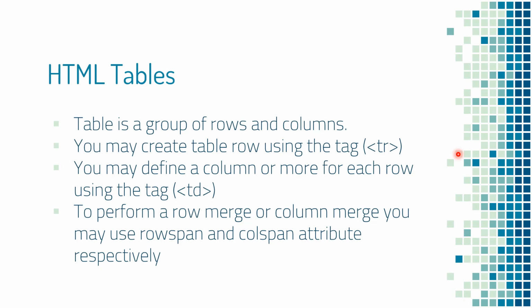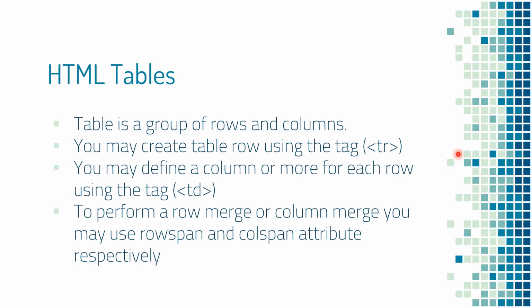So another important component that we usually use heavily in creating web pages is HTML tables. So HTML tables, or in general, the table is nothing but a group of rows and columns. So to create a table, as you may conclude, we can just use the tag table.